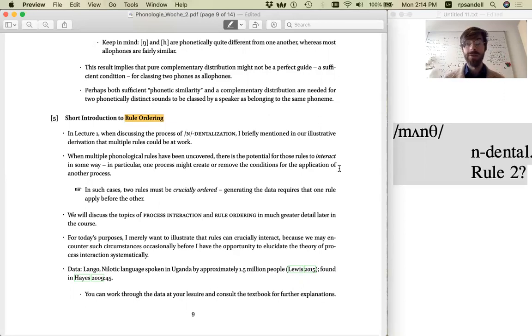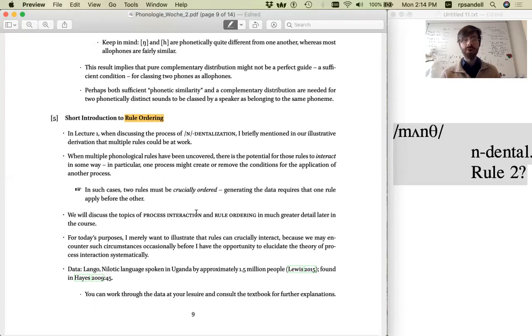In particular, we'll see instances later in the course in which one process might create or remove the conditions for the application of another process. And under such conditions, it's really necessary that the two rules be crucially ordered. Generating the data that we are then attempting to account for through phonological analysis will require that one rule come first and the other rule apply after it.